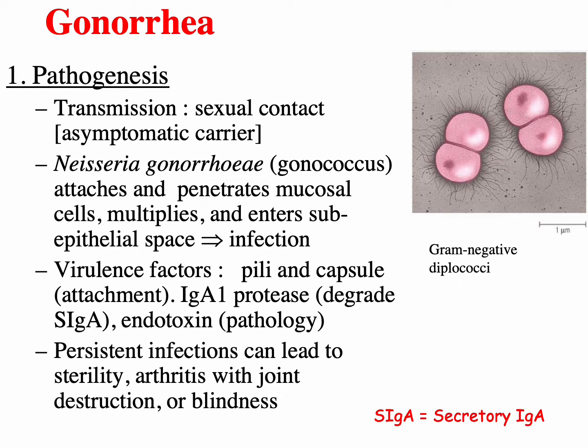Capsule, you know what they are: a carbohydrate layer found on the surface of the bacterial cell. Pili are fimbriae, protein in nature, shown on the diagram as the hair-like structures on the surface of the cells. This organism also produces an IgA1 protease, which specifically degrades SIgA.